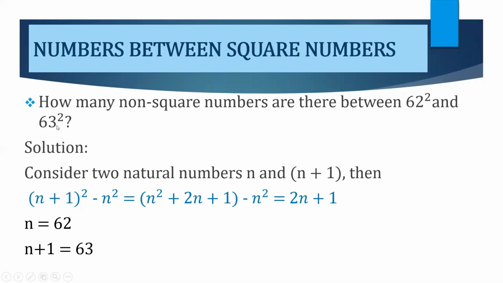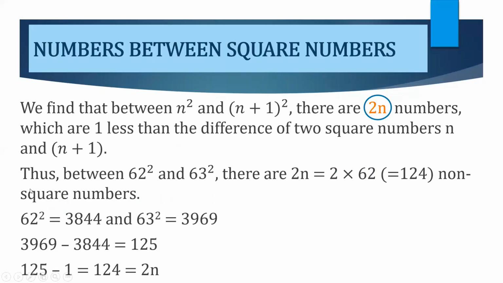Here, if we have to find how many non-square numbers are there between 62 square and 63 square, we know that 62 and 63 are consecutive numbers. So we'll consider n is equal to 62 and n plus 1 is equal to 63.